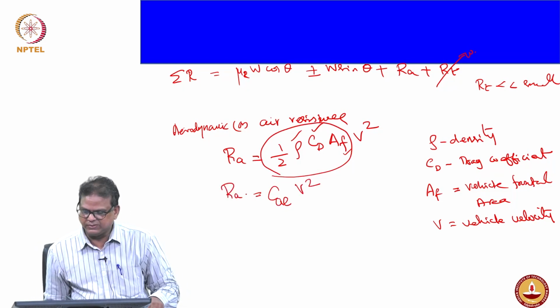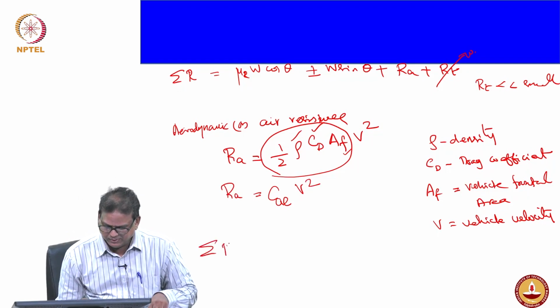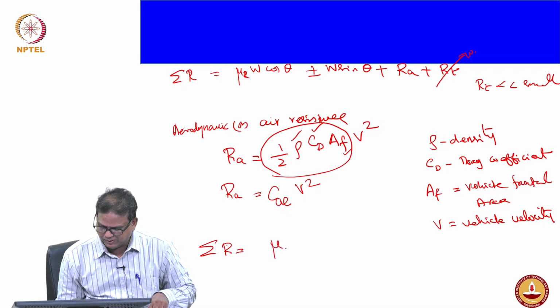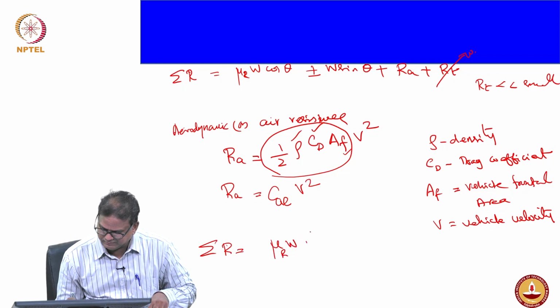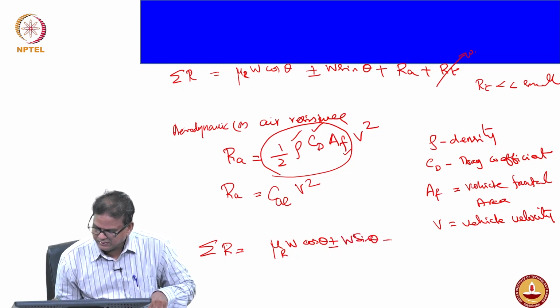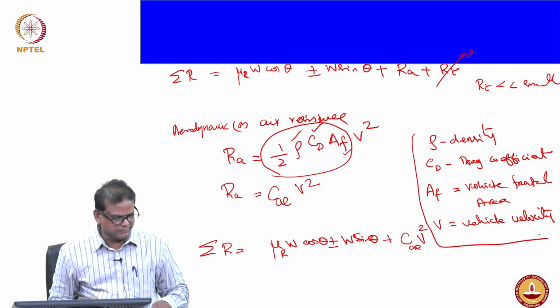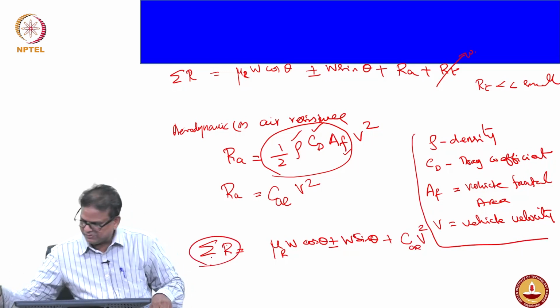Then if I rewrite, my sigma R will be mu R W cos theta plus or minus W sin theta plus CAE V square. So I am going to substitute this into the main equation 1.